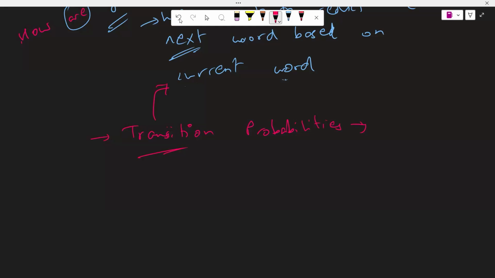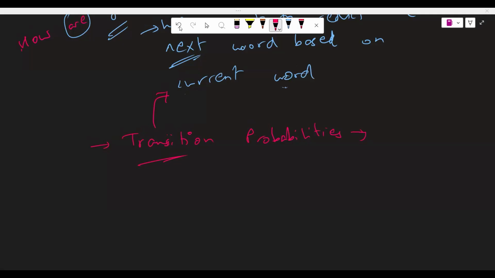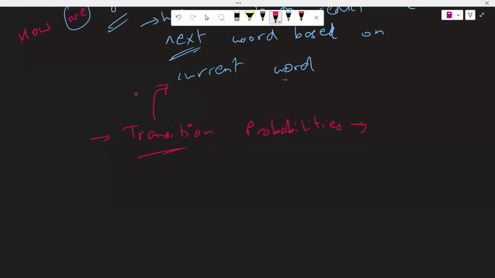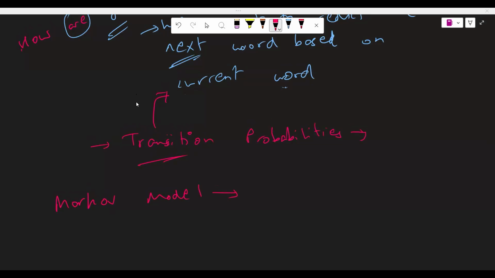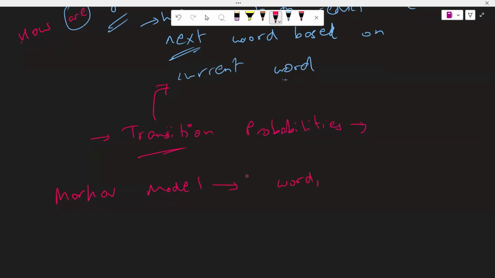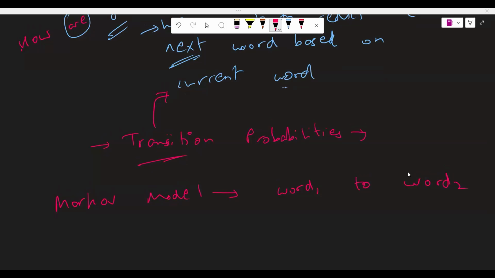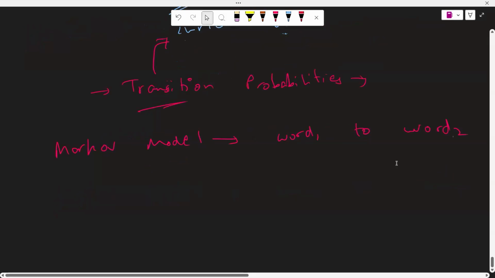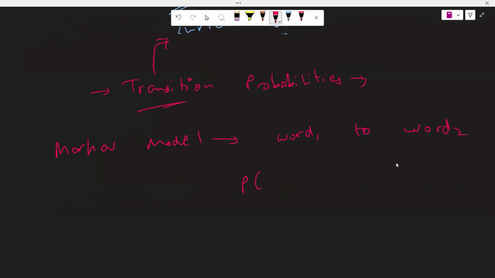Okay, so in this case, you are going to model this as a Markov model. The Markov model says if you move from one word to another word, you need to find out the probability of that happening. Like, what is the probability of moving from word one to word two?